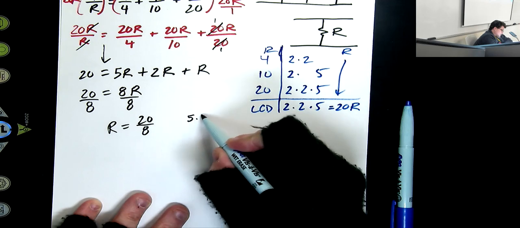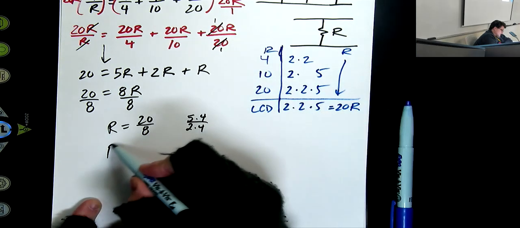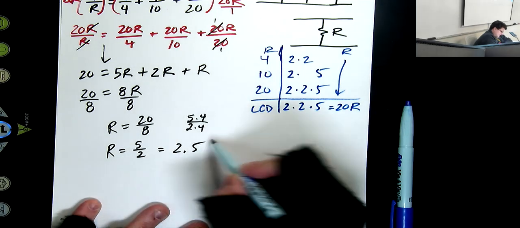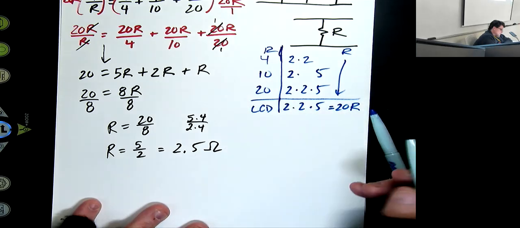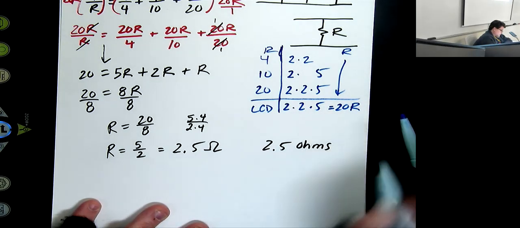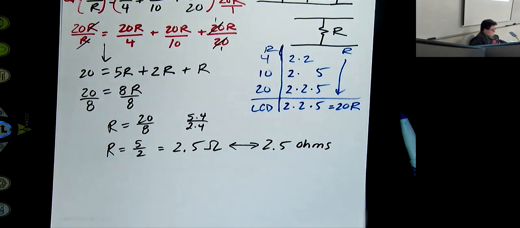That's 5 times 4 over 2 times 4. So I can reduce this to 5 over 2, which is 2.5 ohms. That's the symbol for ohms, which is a measure of resistance.